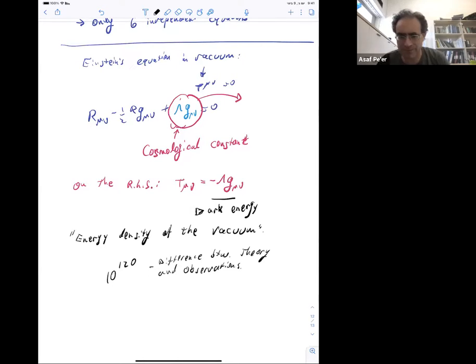We see it's there. It dominates: 70% of the energy in the universe is in this form of dark energy. And we've got no clue what's going on here. Of course, the value that you put in to explain observations with lambda is not the same value that Einstein originally put, but it doesn't matter. Okay, so that was the Nobel Prize in Physics a few years ago. And it's clear that something very, very basic is unknown.